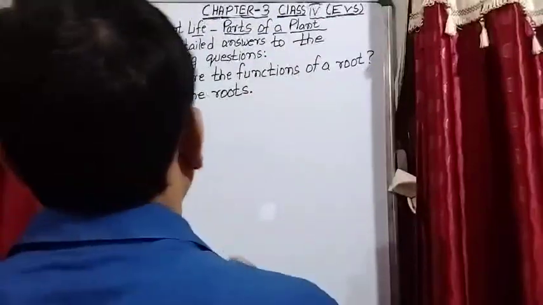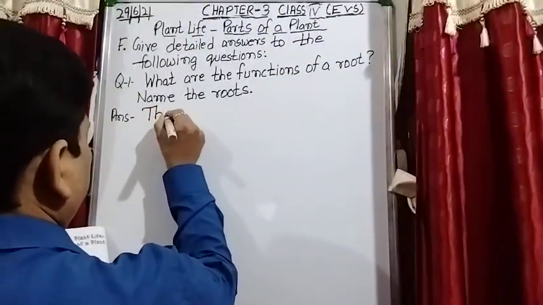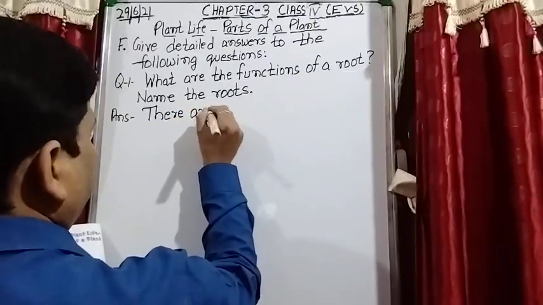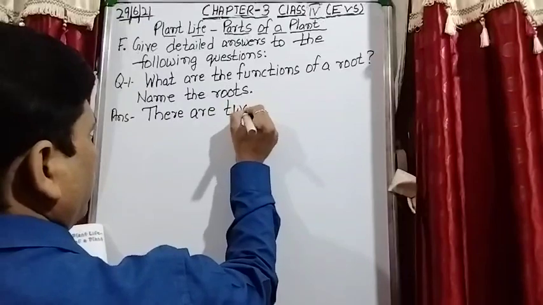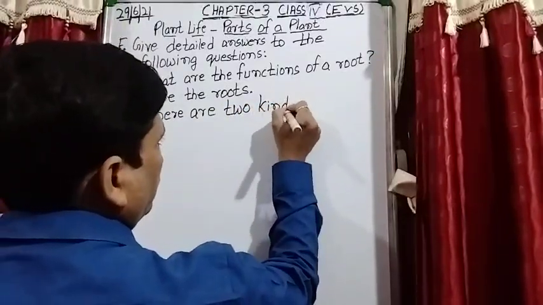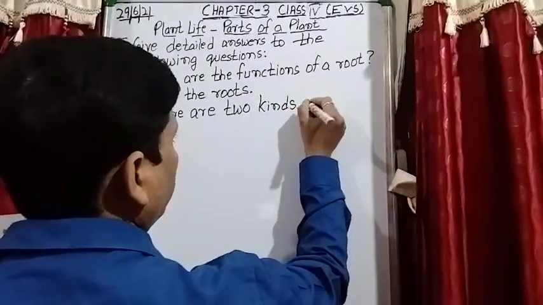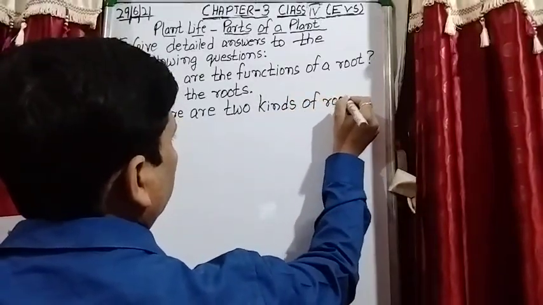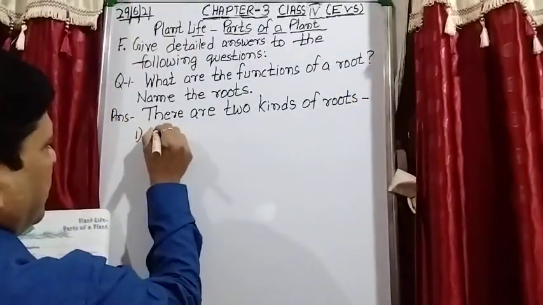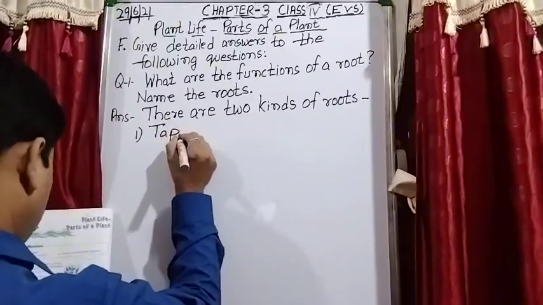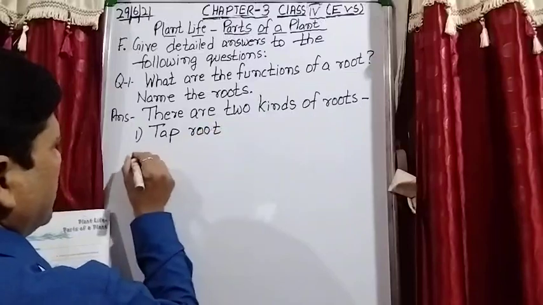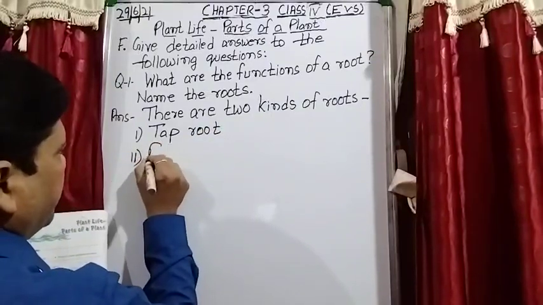So note down the answer. There are two kinds of roots. Is it clear? Tap root, and second is the fibrous.